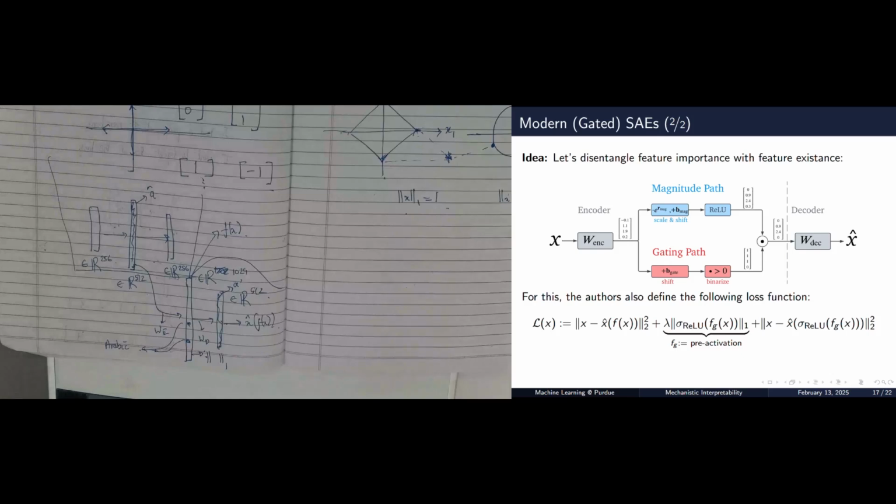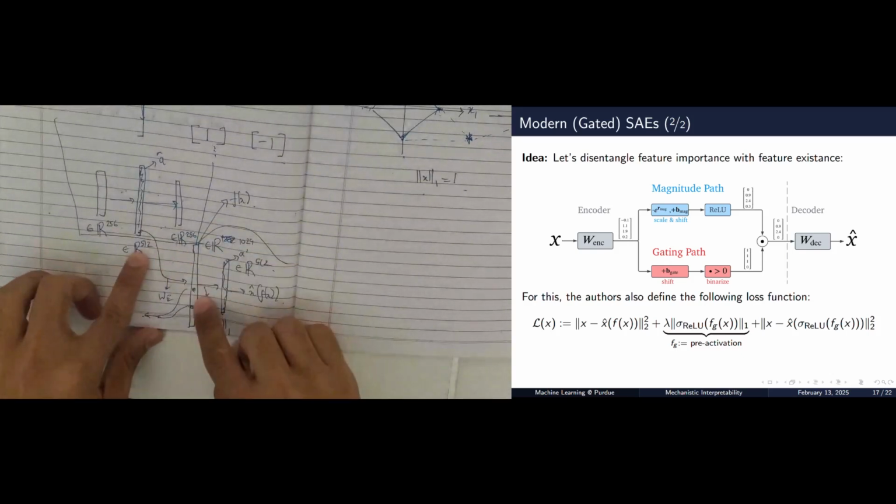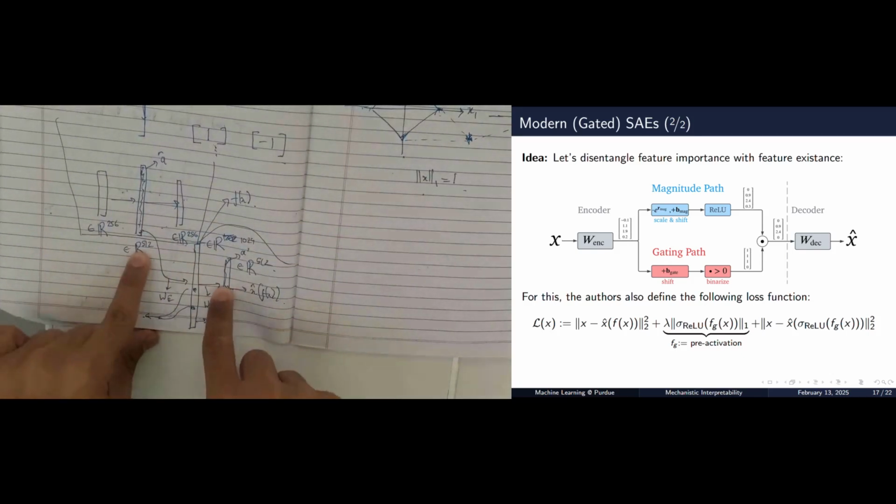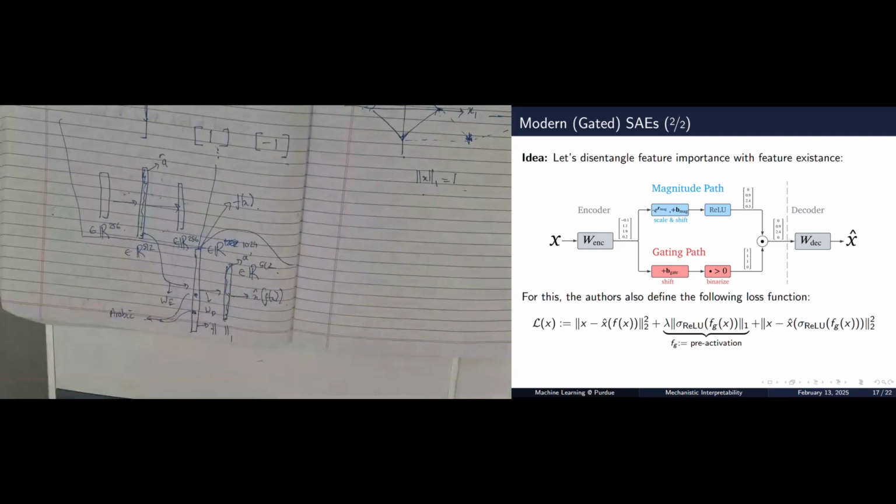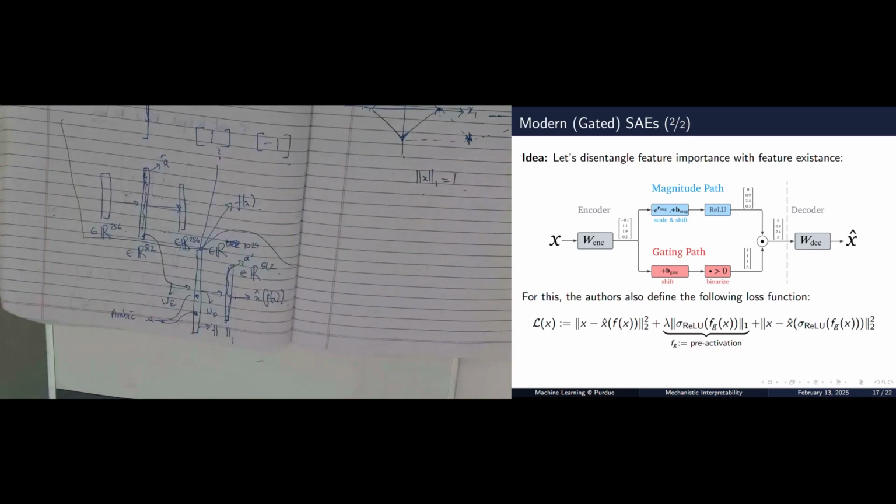So instead of the SAE architecture just being one encoder and then a decoder converting it back into the standard activation space, you use this gating path to create the encoded representation, which is just before the decoder. That is your sparse representation, and the decoder converts that back into the original. So then the gating path just adds some bias on top of your original feature representation, and then it's just 0-1 activated.